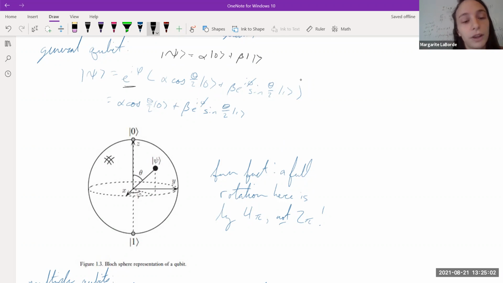However, whenever you have a global phase like this, we say that doesn't matter. It doesn't change anything. It's unmeasurable. We only care about differences in angles. And because this is the global phase, we get rid of it. It's not necessary. But then you can further elucidate the state of your qubit by saying, well, okay, my 0 is the cosine of half of some angle, and my 1 is the sine of that same angle, plus maybe some phase shift, some relative phase shift, which is physical and measurable.